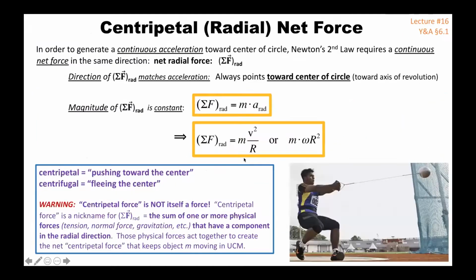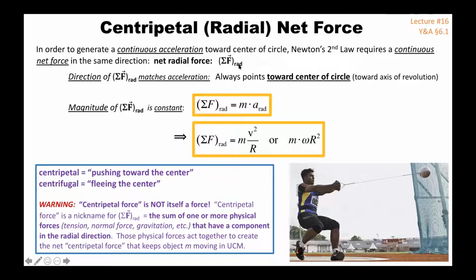All right, so now on to that force that we postponed for one slide. So yes, as long as an object is always accelerating, in this case toward the center of the circle, then there must always be a net force acting on the object in the same direction. So in this case, it's also toward the center of the circle. So in our textbook, that is called net radial force, radial meaning along the radius.